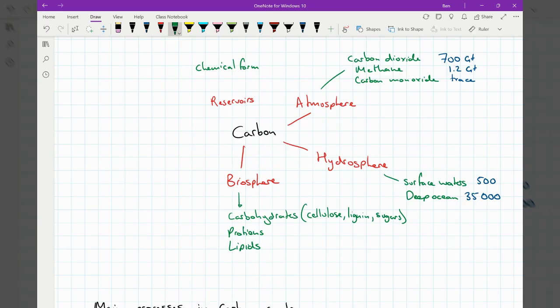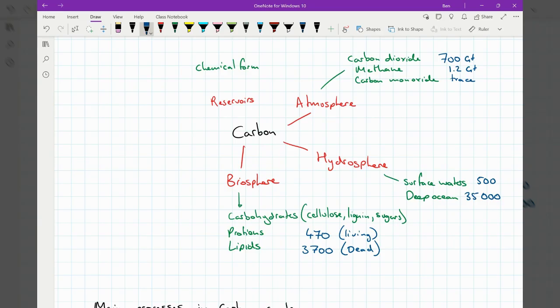And these are used for plants and animals to store energy long term because they're not water soluble. And so living organisms make up 470 gigatons, and dead organisms make up 3,700 gigatons.